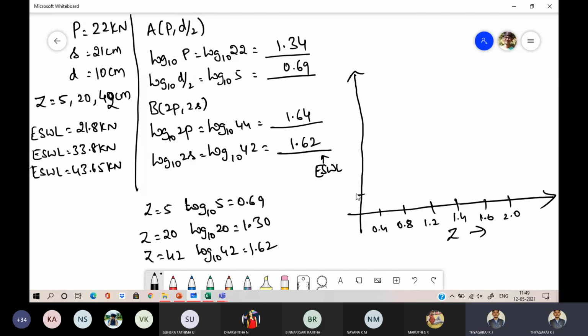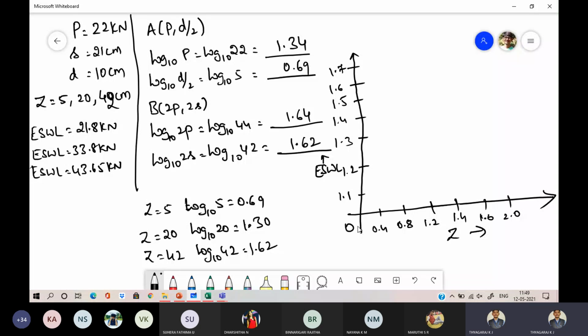Okay. Here also, 0.69 is there, 1.62 is there, then 0.69, 1.30, okay, 1.62. Then 1.34 and 1.1 will go, 1.2, 1.4, 1.5, 1.6. Then we will go for 1.7.